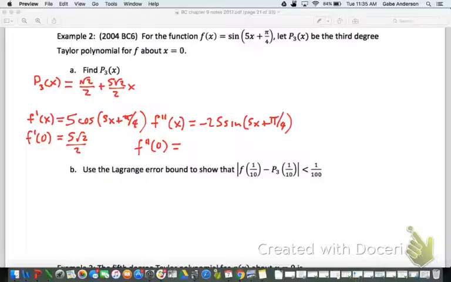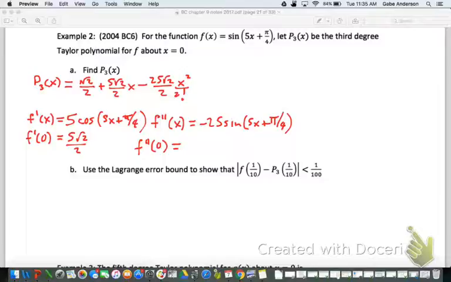Hopefully you're starting to see the pattern. There you go. So this is minus, so it'd be minus 25 root 2 over 2 times x squared over 2 factorial. You guys remembering this from last time? Okay. So we're down to our final term.